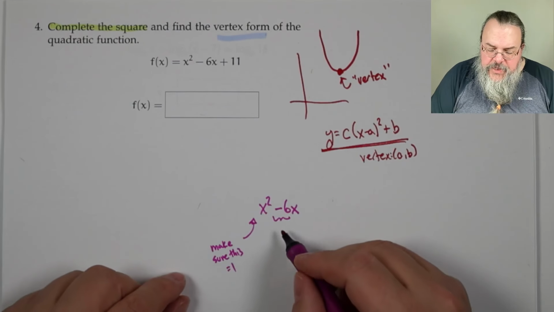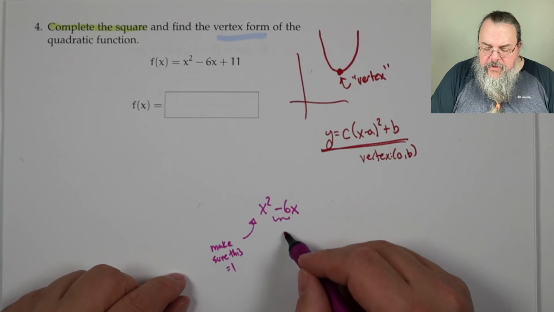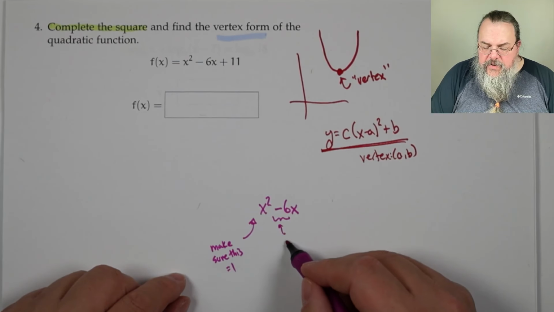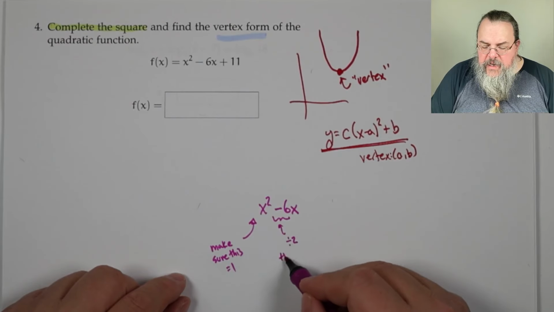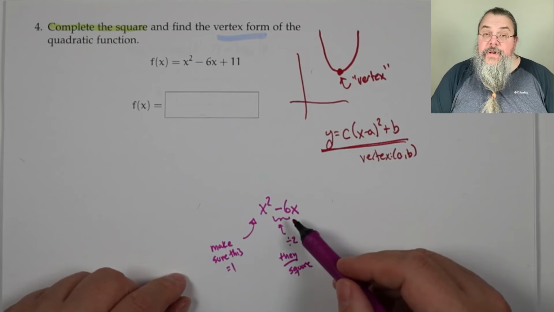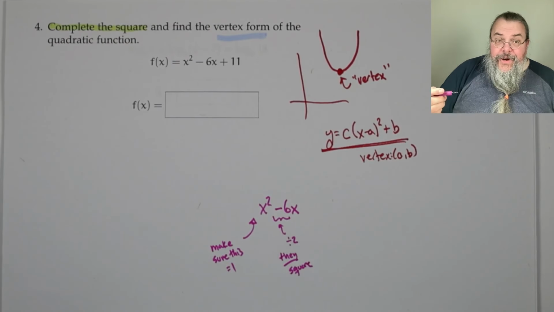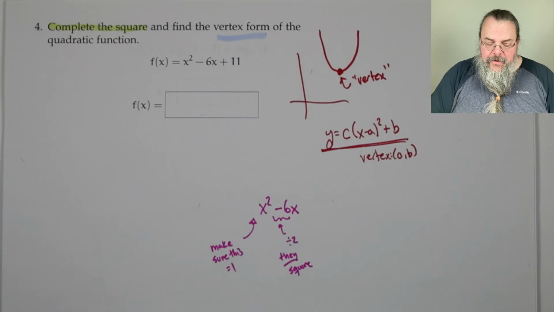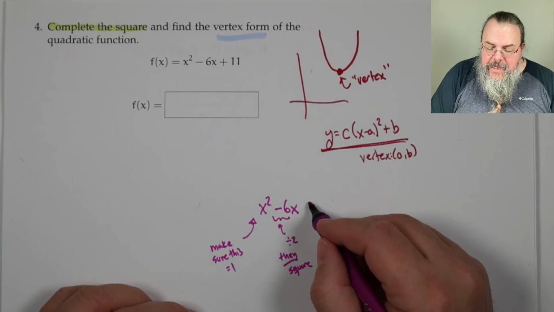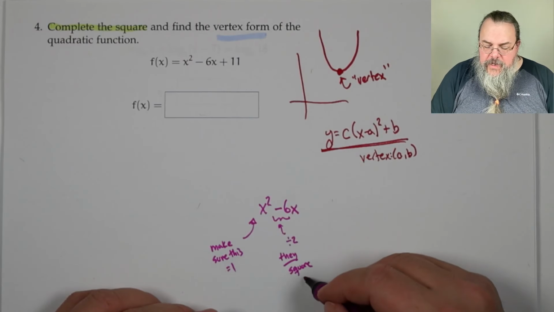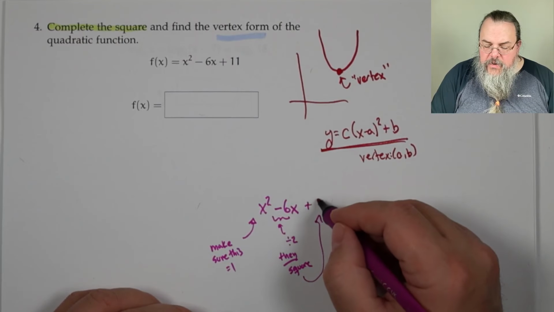Now, here's the procedure. You're going to take what's in front of x, first you divide by 2, and then you square it. So negative 6 divided by 2 is negative 3. Square it, 9. Whatever you get here, that's what you need to put there.